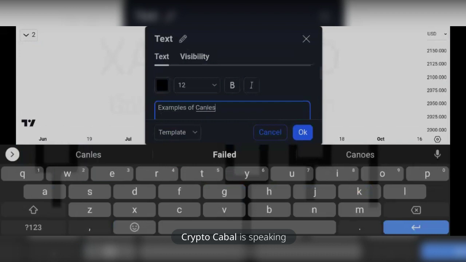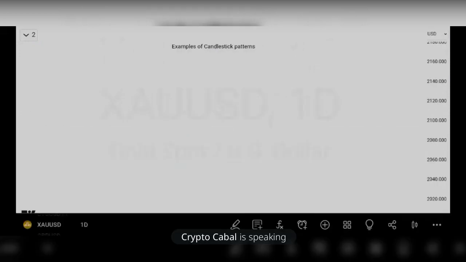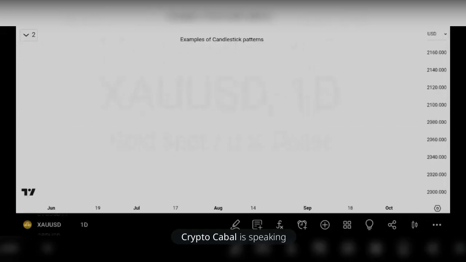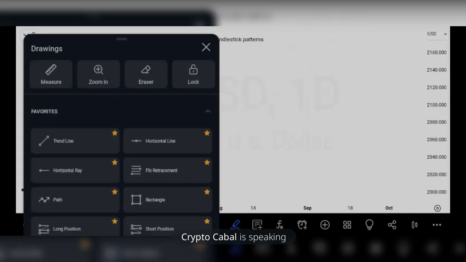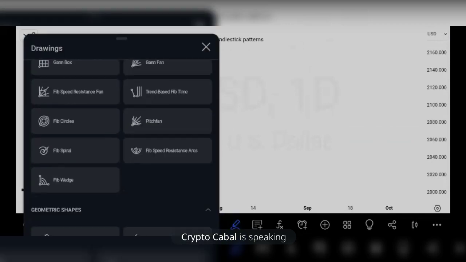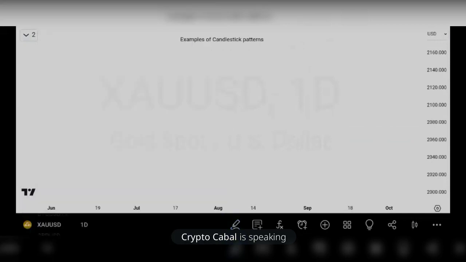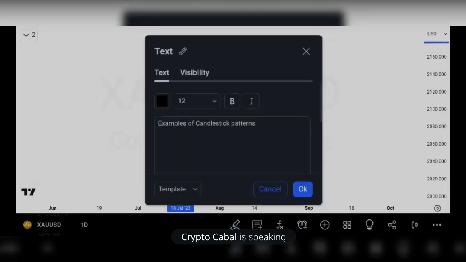Now we have examples of candlestick patterns. We have different examples, but the first one I'll be talking about is the engulfing pattern. And I'll be talking about the next one, which is the doji pattern. So let me quickly list them before we proceed.